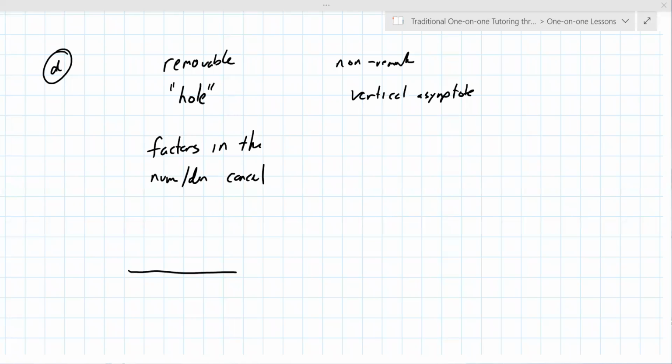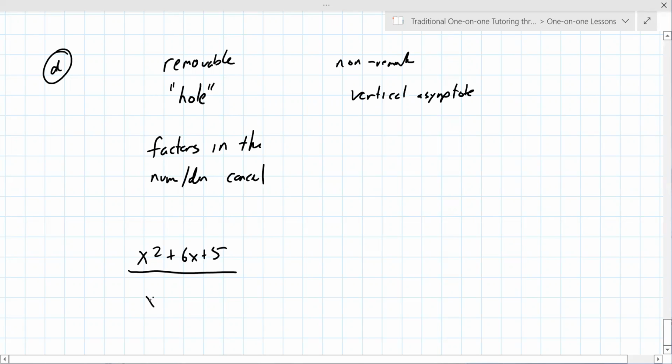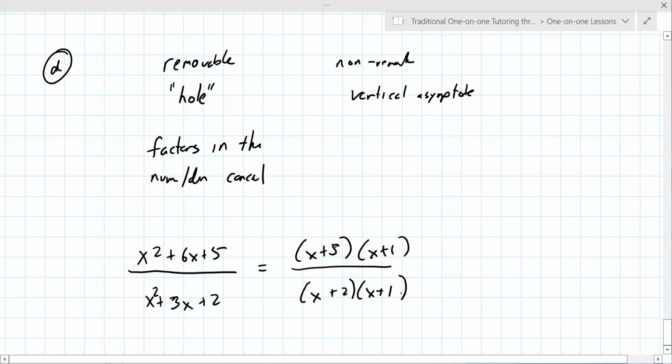Because x squared plus 6x plus 5 over x squared plus 3x plus 2, these end up factoring and they have factors that cancel. That's huge because that's what you need for a hole. Wherever the factors cancel, you have a hole: when x plus 1 equals 0, it's the factor that cancels. So you solve that for x, you get x equals -1.